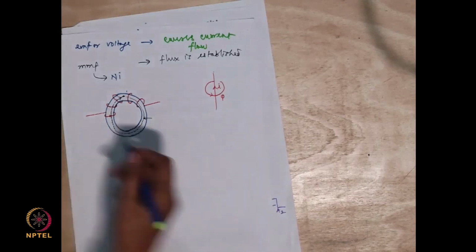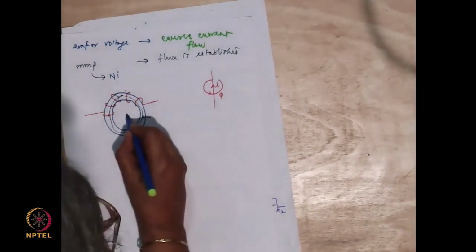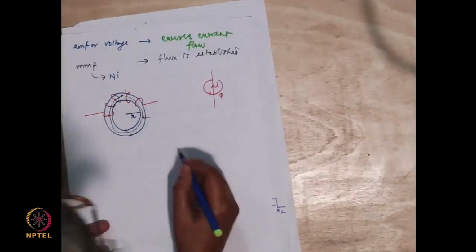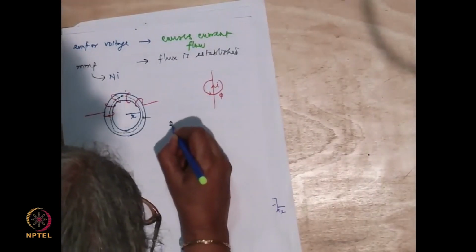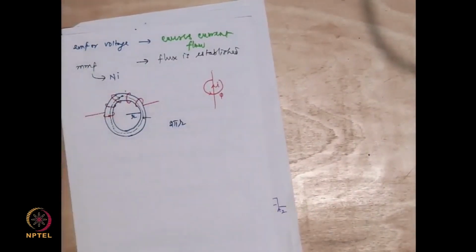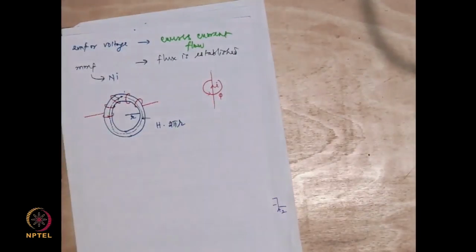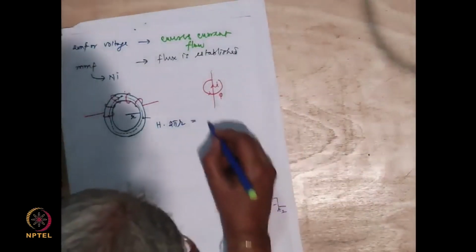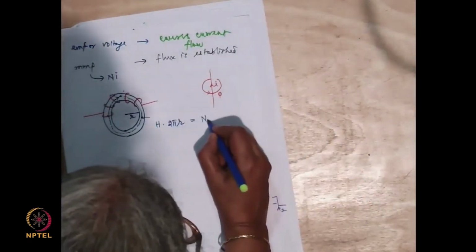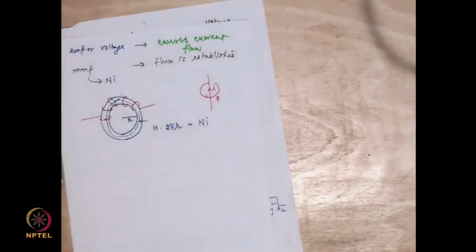So I should be able to say in this case, if I say that this is the radius r, I can say basically 2 pi r is the length of this magnetic path multiplied by H, which is the magnetic field intensity, should be equal to whatever is the number of turns times I. Right?